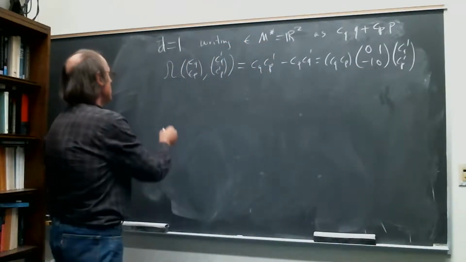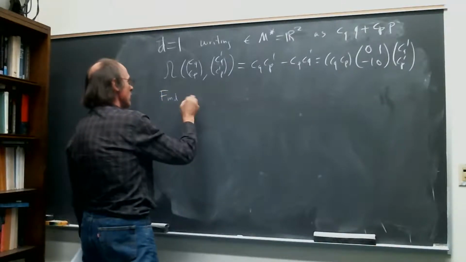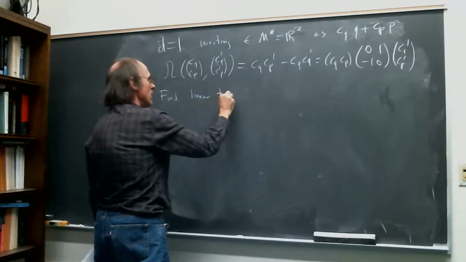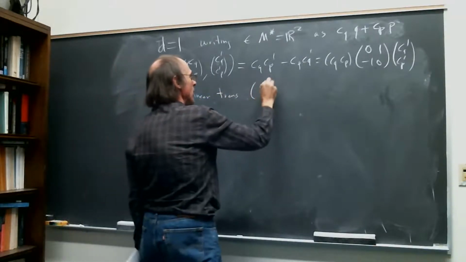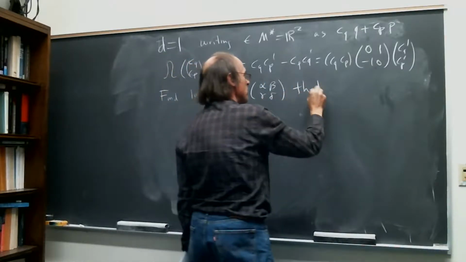And then what you want to do is find linear transformations, alpha, beta, gamma, delta, that preserve this.